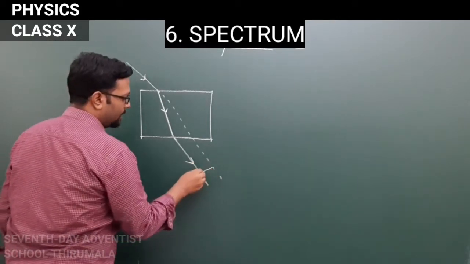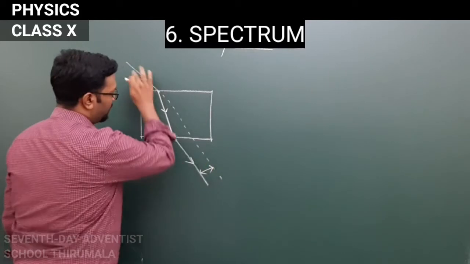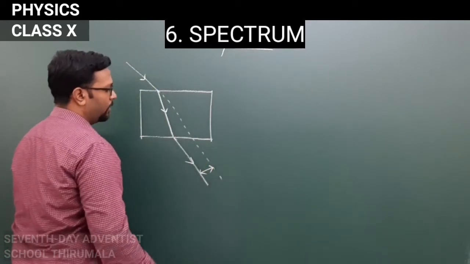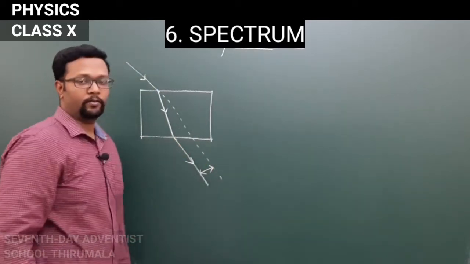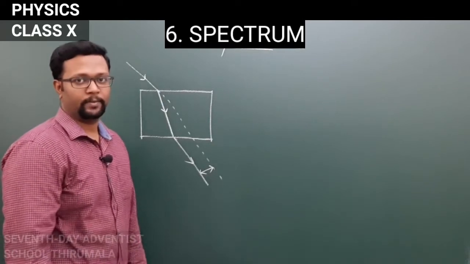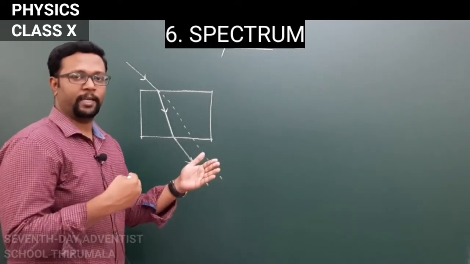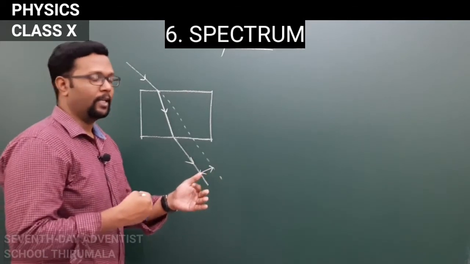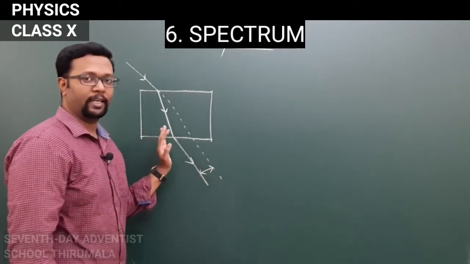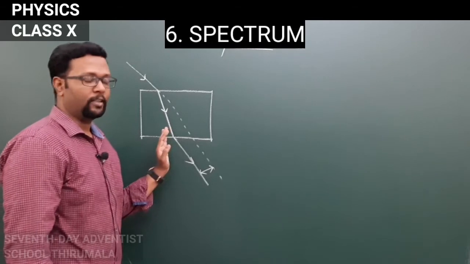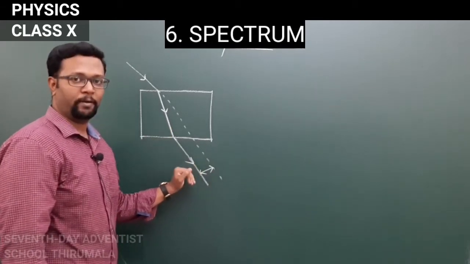The path of the incident light ray will be parallel to the path of the emergent ray. There is no deviation if you are using a rectangular glass block, there is only lateral displacement.